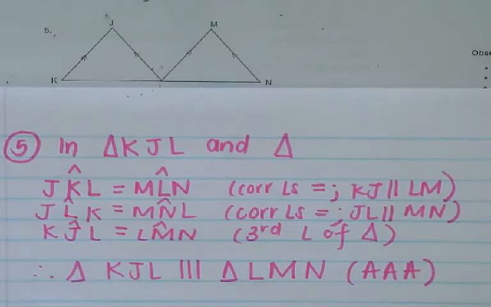Okay, look at number 6 for me. Tell me, is it or is it not similar? Are all the angles equal? Yes, Erin. They can't be, okay? So therefore those 2 triangles would not be similar.